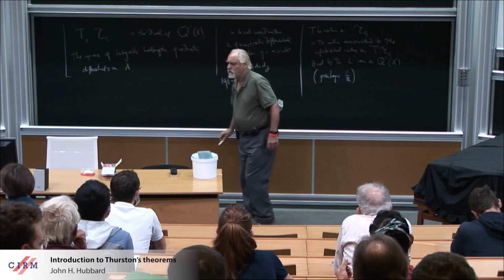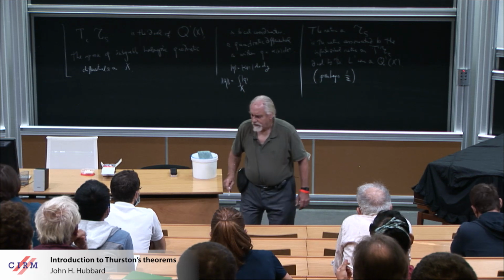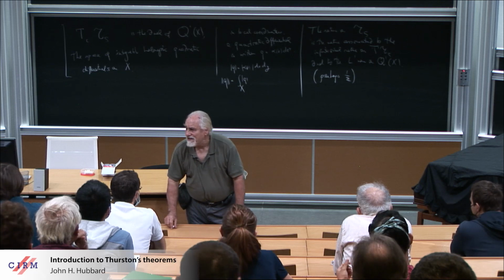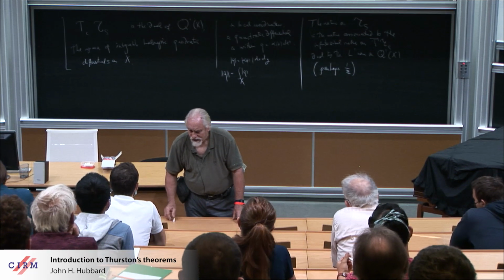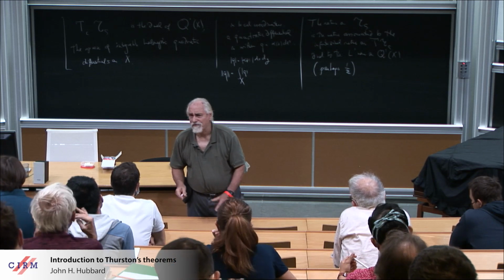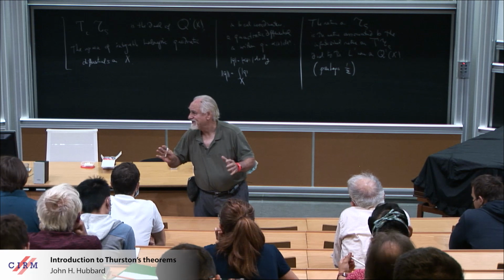Maybe just one more word. It's all very well to talk about Q1 of x. Even in the finite case, the norm on Q1 of x is a really entertaining object.